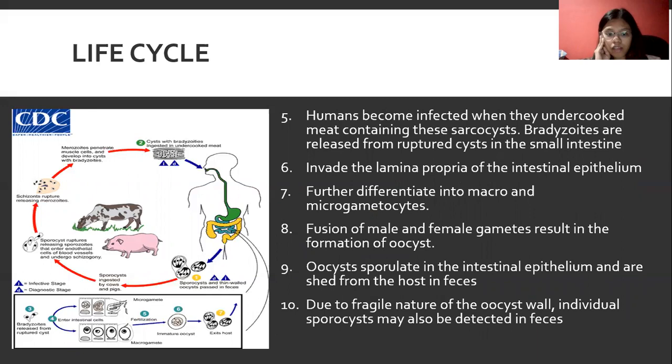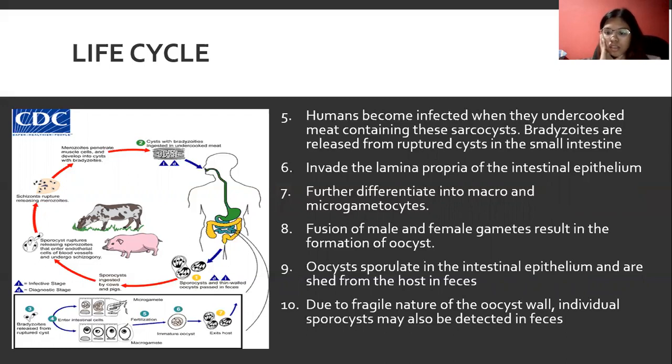Humans become infected when they eat undercooked meat containing these sarcocysts. The bradyzoites are released from ruptured cysts in the small intestine. So these bradyzoites invade the lamina propria of the intestinal epithelium and later differentiate into macro and micro gametocytes.